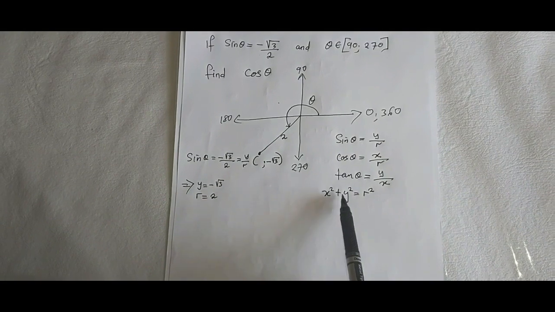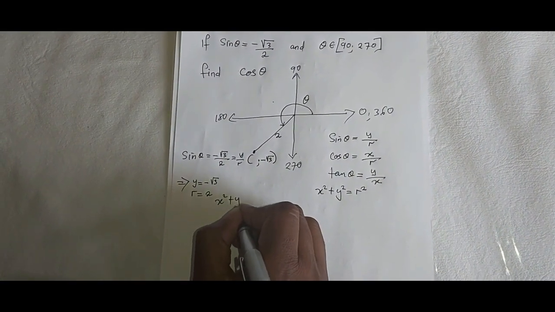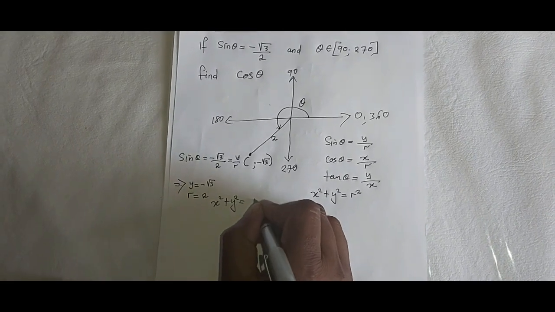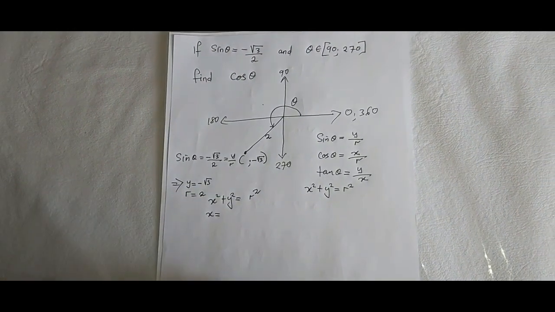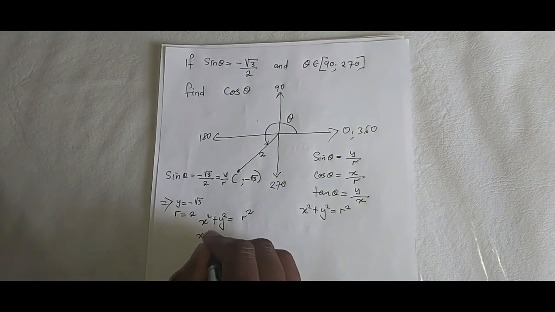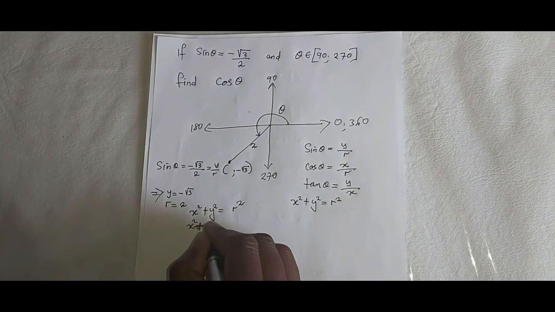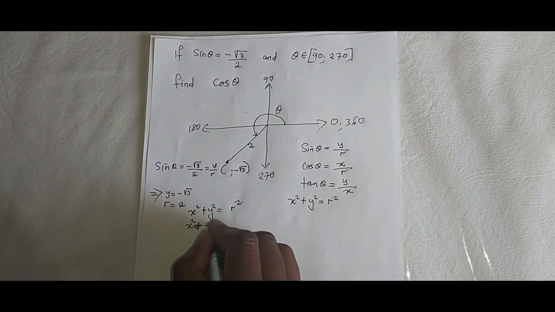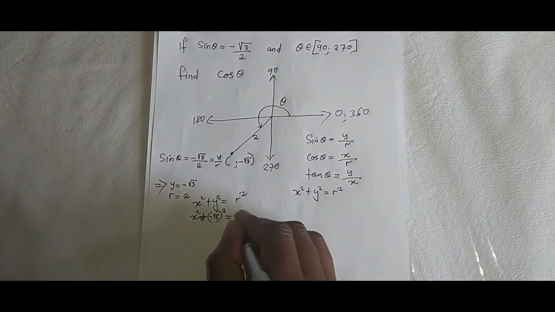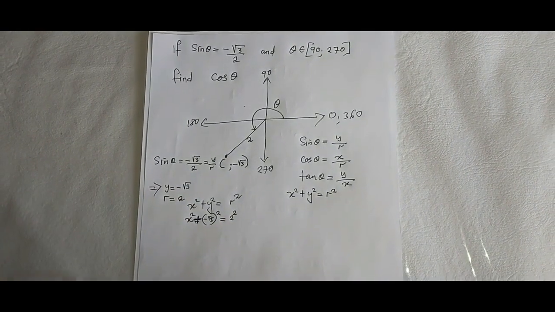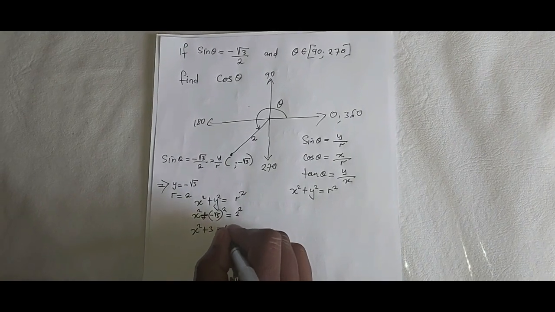But we also have the formula that says x squared plus y squared is equal to r squared. X squared is what we are looking for, plus minus square root of 3, everything squared, is equal to 2 squared, which means x squared plus 3 is equal to 4.